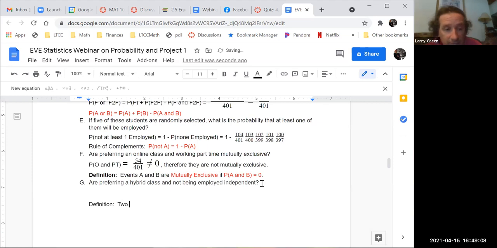Two events, A and B, are independent if any of the 3 of the following are true.